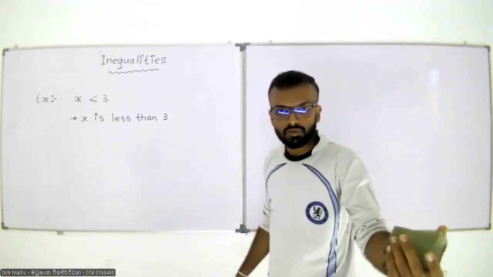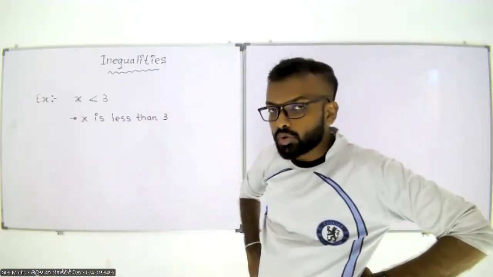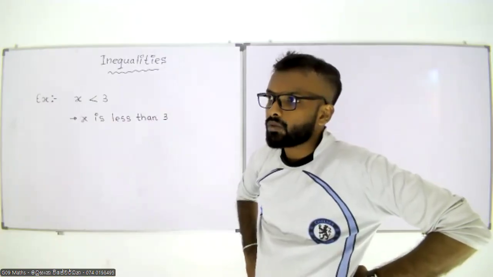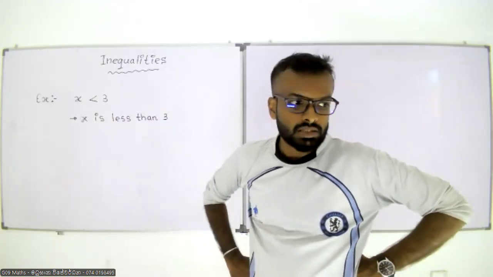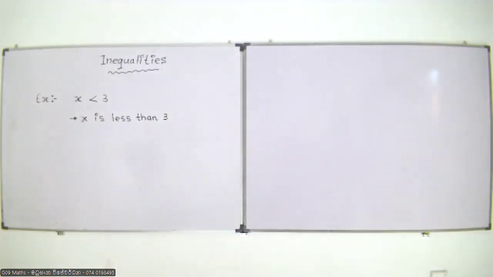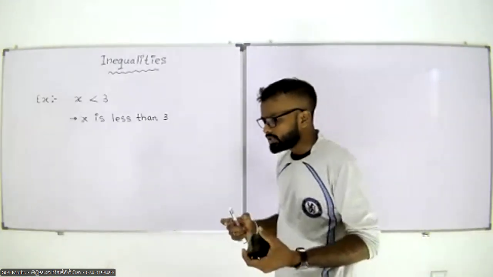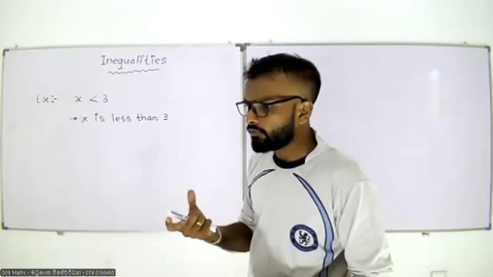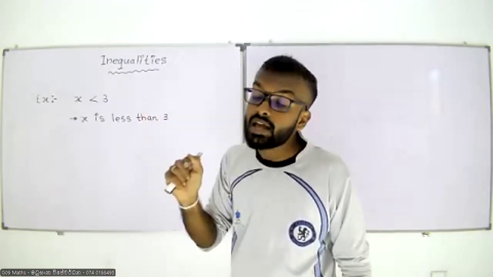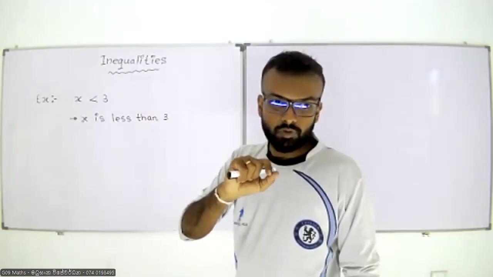We do not know x, but we know x is less than 3. What is the biggest number that you can take for x? I'm going to write down the value range for x as an example.